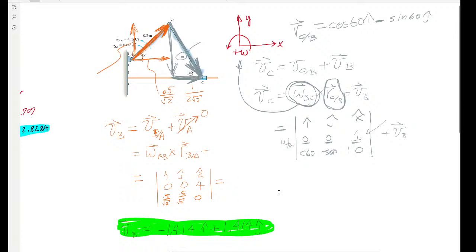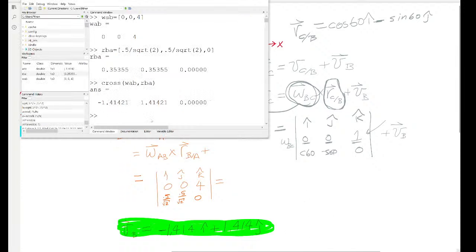So go into MATLAB there, and let's do it this way. RCB is equal to the vector cosine degree of 60, then minus sine degree of the same 60, and then nothing.